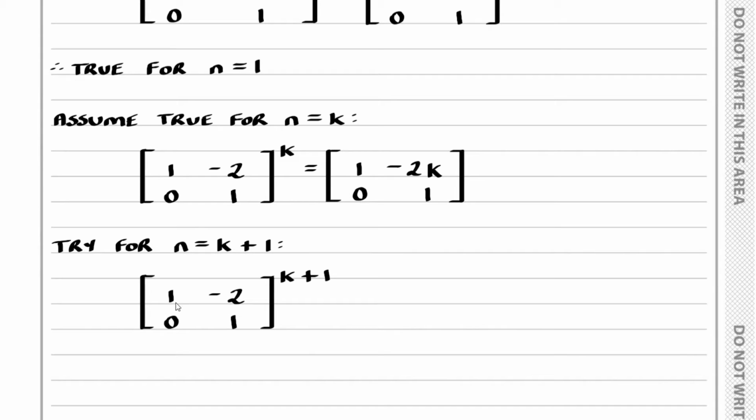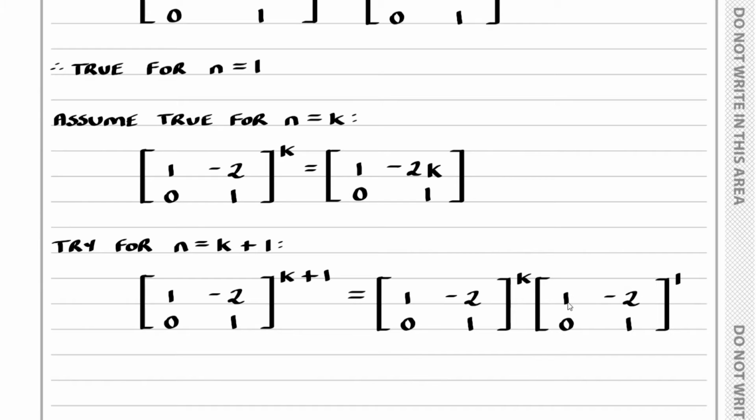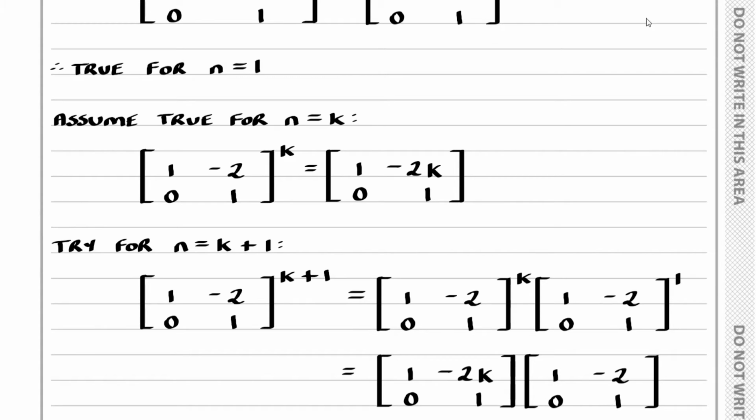So we have (1, negative 2; 0, 1) to the k plus 1, and using the laws of indices, this is equal to (1, negative 2; 0, 1) to the k multiplied by (1, negative 2; 0, 1). And at this point, we can use our assumption step, and using that we've got (1, negative 2k; 0, 1), and (1, negative 2; 0, 1) to the 1 is just (1, negative 2; 0, 1).